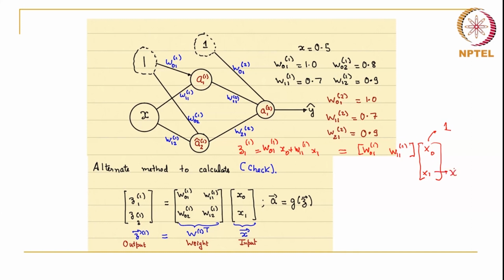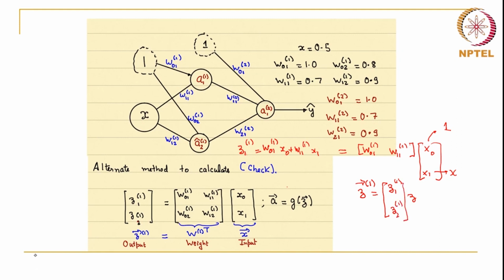This lets us write this whole thing as a matrix operation. So we can write something like Z vector of the first layer. This one would be Z1, similarly Z2 also. So Z of this layer is Z11, Z21. Don't get confused by the notation.